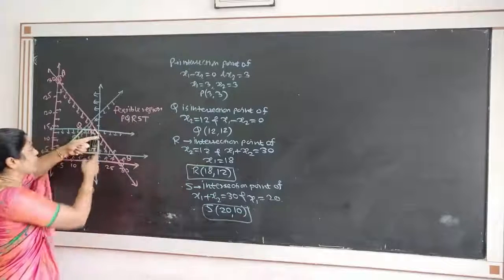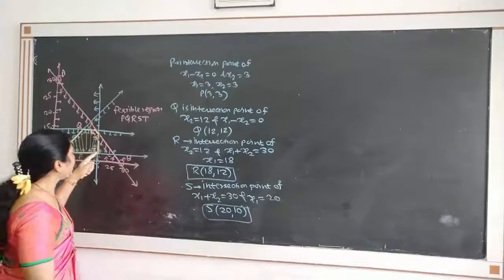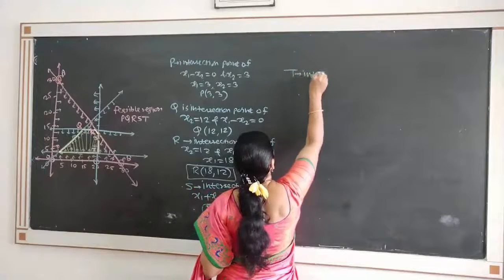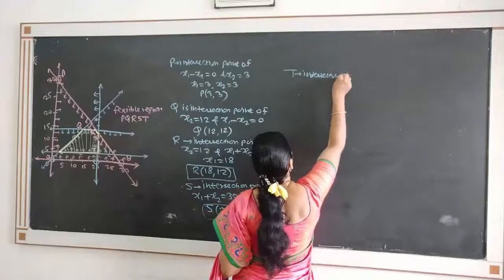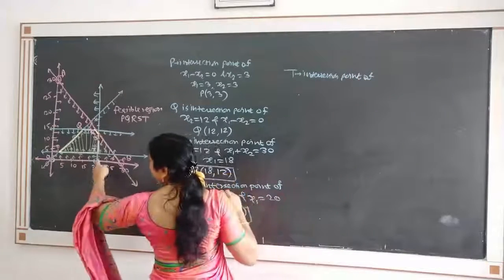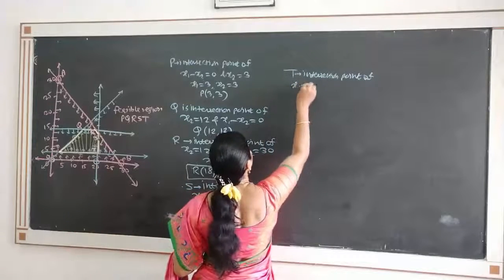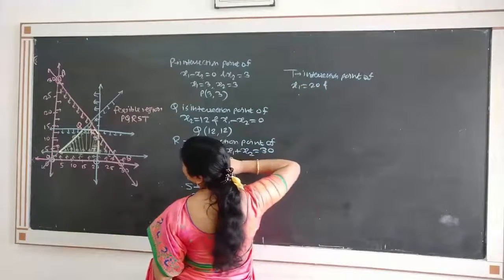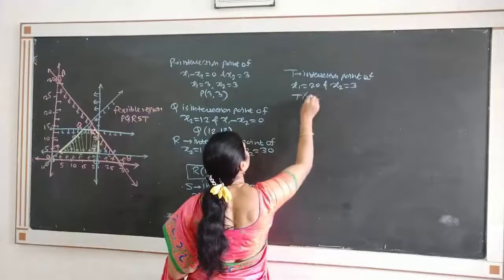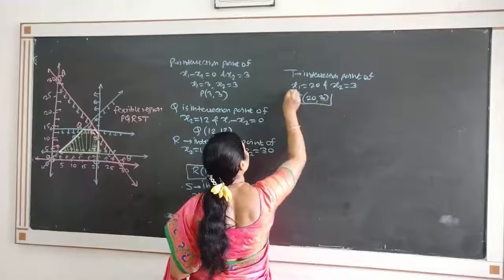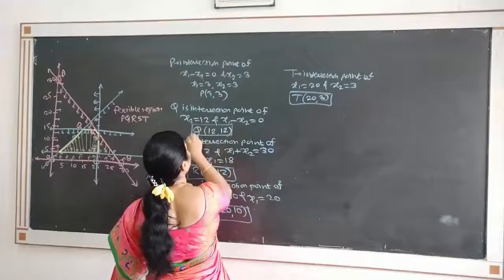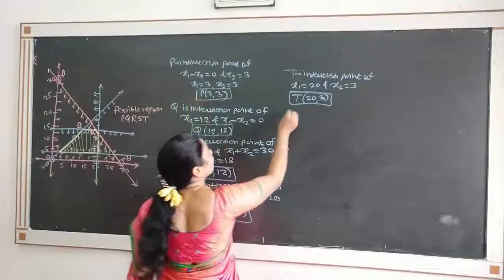See the coordinates 20 and 10. And the last point, that is T point. T is the intersection point of the two lines, that is x1 equal to 20 and x2 equal to 3, and therefore T point comes to be 20, 3.